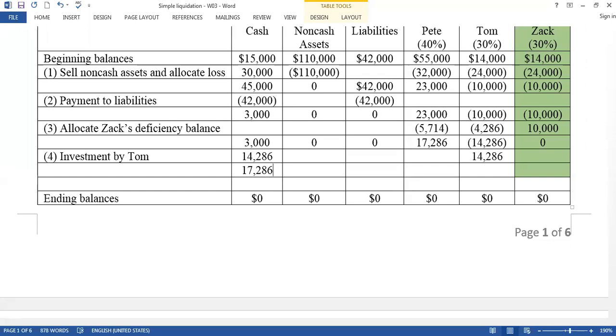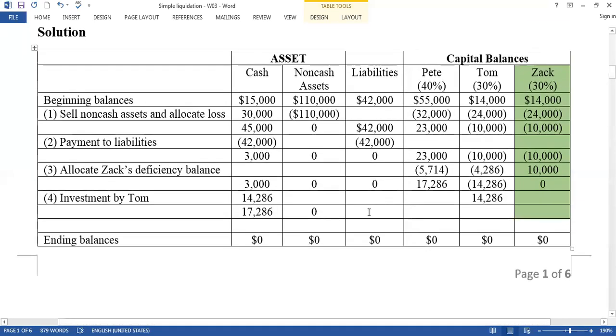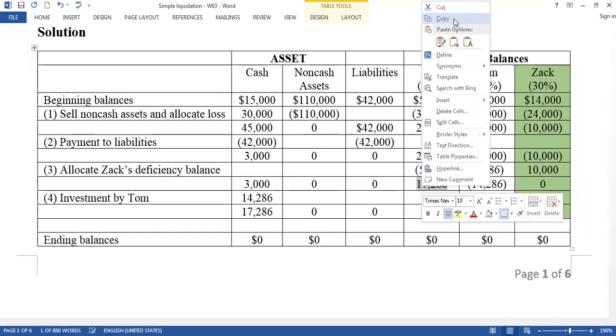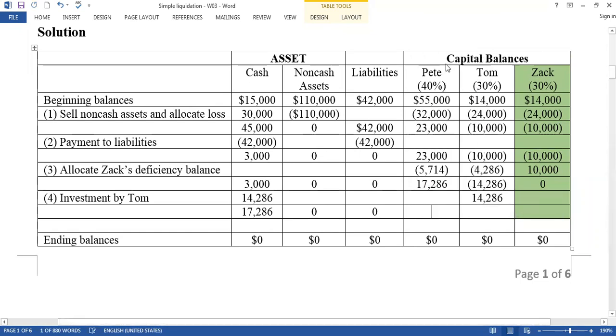This is the cash new balance. Then we already closed the non-cash account and the liabilities account before, and this is the capital balance of P. Now what is the capital balance of T? 0, right? Yes.